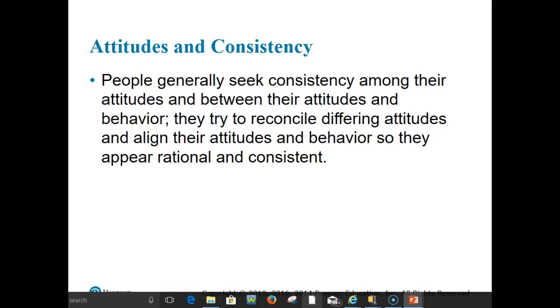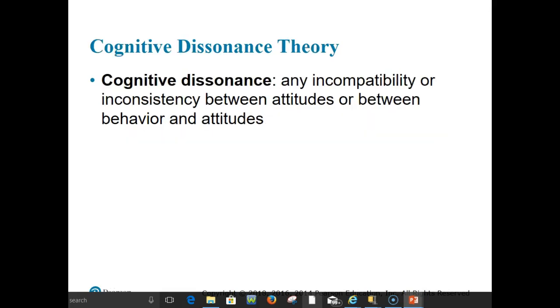So, attitudes and consistency. People generally seek consistency among their attitudes and between their attitudes and behavior. They try to reconcile differing attitudes and align their attitudes and behavior so they appear rational and consistent. Cognitive dissonance theory sought to explain the relationship between attitudes and behavior.